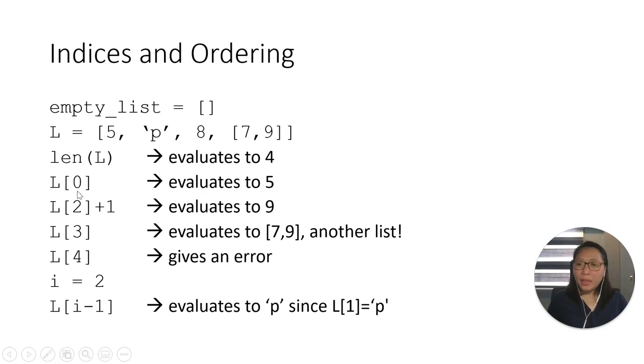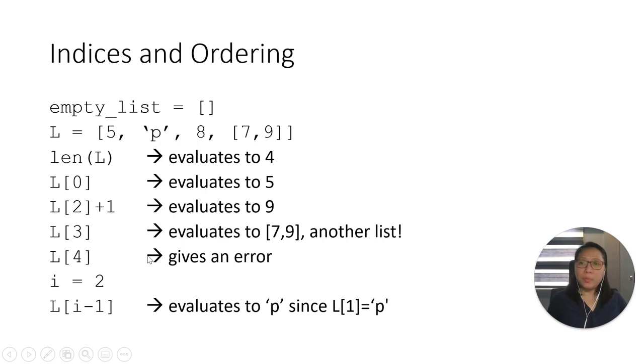L index 0, which is the first element in this list L, gives us 5. And then L index 2, which is 0, 1, 2, which is 8, plus 1 evaluates to 9. L index 3, the last element in the list, evaluates to the list that contains 7 and 9, which is of type list.